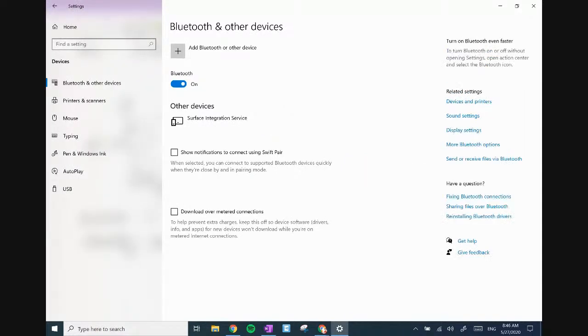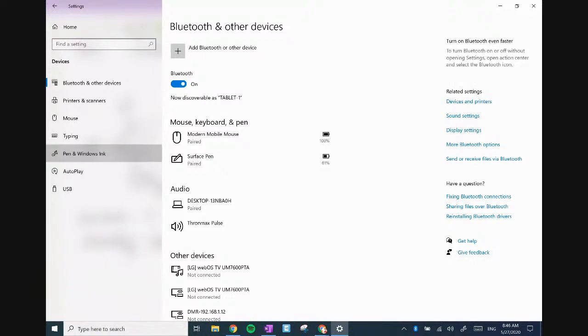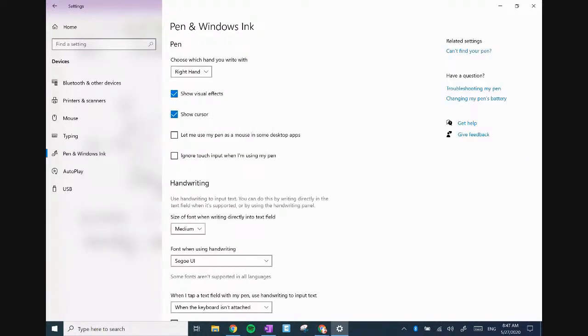Bluetooth on. Paired pen. See, the pen's even at 61%. It's not like it's actually low. I don't know why. Maybe I should turn it off.